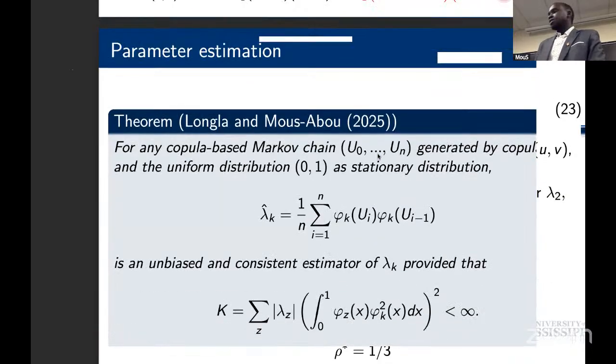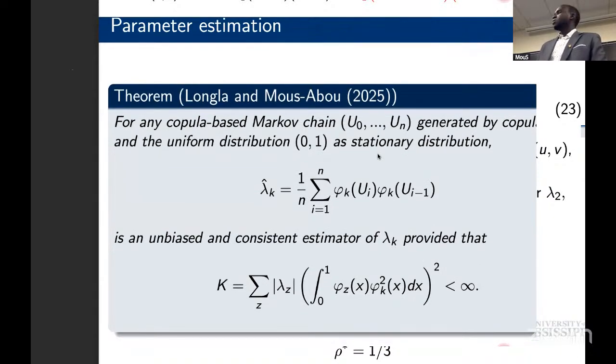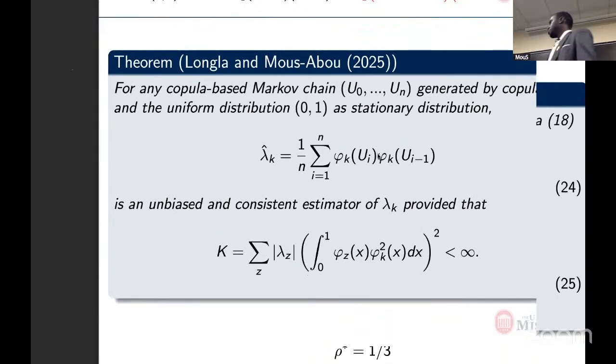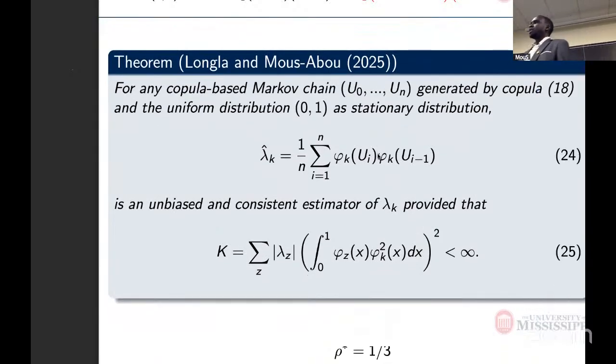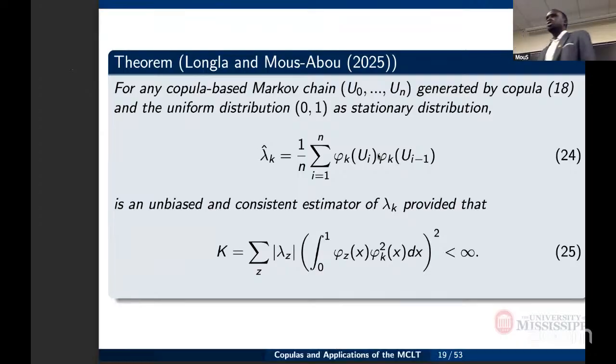Parameter estimation: as I said, we have parameters that are involved. We need to provide estimates so that we can work with them, right? And we established that for any copula-based Markov chain, U0 till UN, generated by copula 18, which is the type 1 low copula, and the uniform distribution on [0, 1] as a stationary distribution, lambda hat k as given in equation 24 is an estimate of the parameter lambda k.